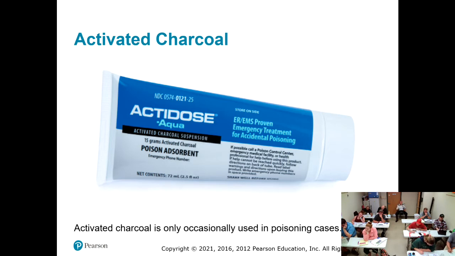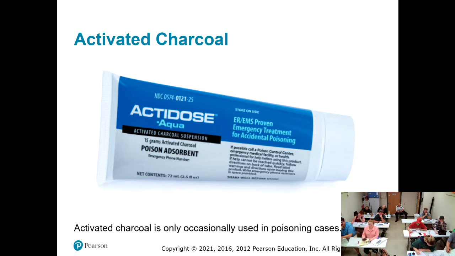This is literally the charcoal left over in a fire. Basically, it's just a large compound of carbon. Carbon is a neutral atom, and it bonds easily with other substances and neutralizes that substance. That's the purpose of this.